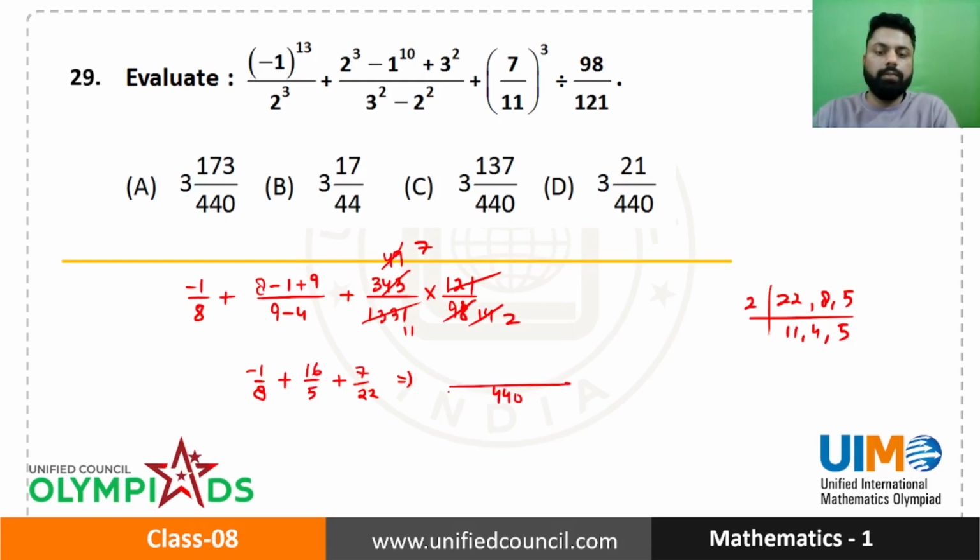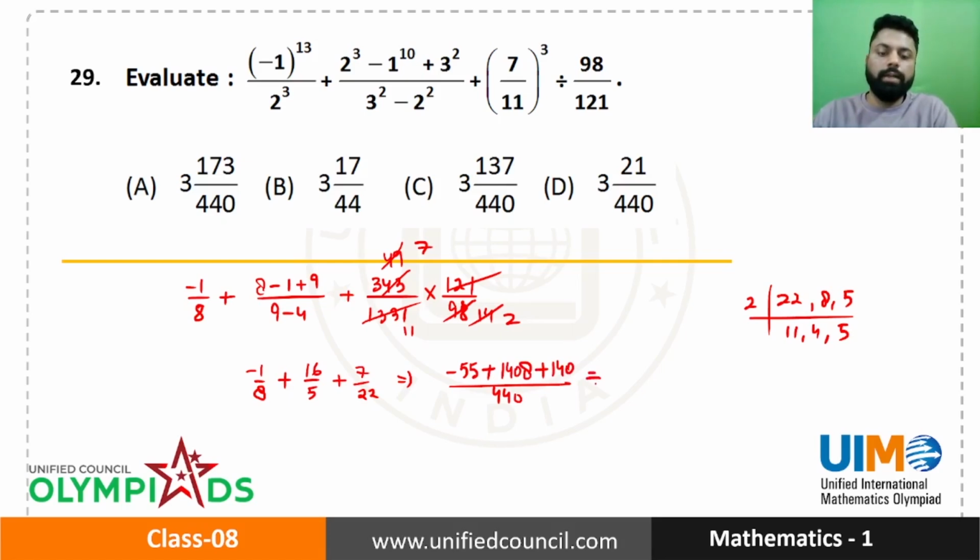For this, 55 into minus 1, that is minus 55, plus 440. 88 multiplied by 16, that is 1408, and then this is 140.